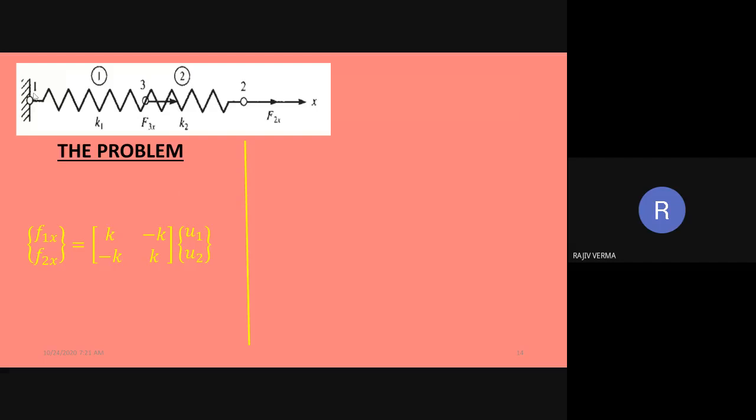So we have already derived the elemental equation for a spring. That is the equation depicted in yellow. We are simply going to apply this particular formula for element number 1 and element number 2, one by one, to get the respective stiffness equations.